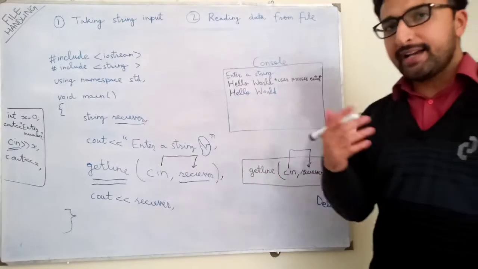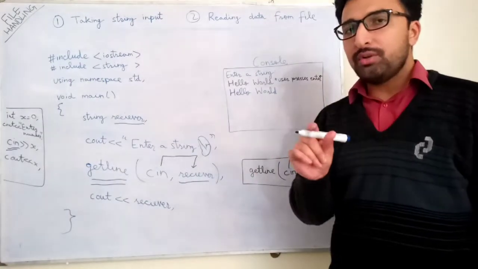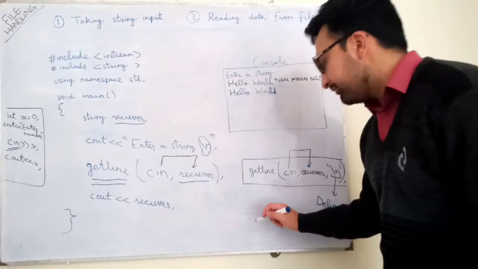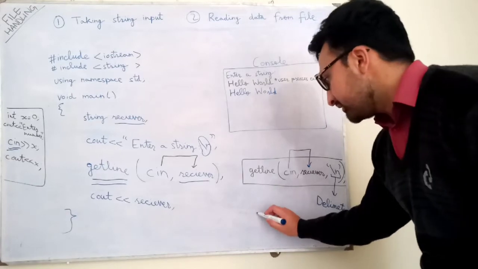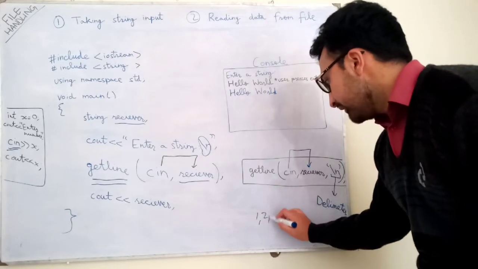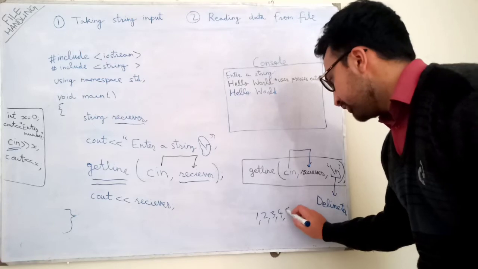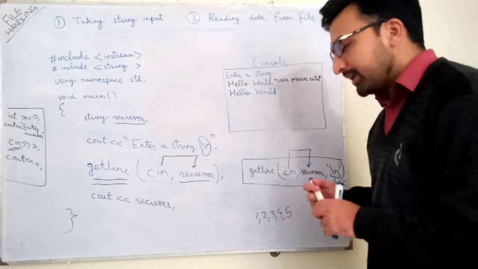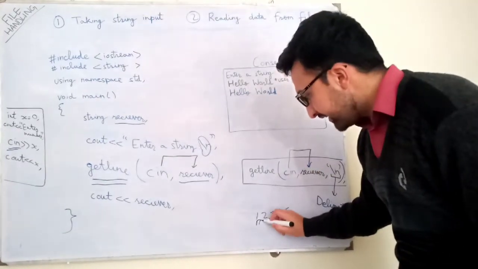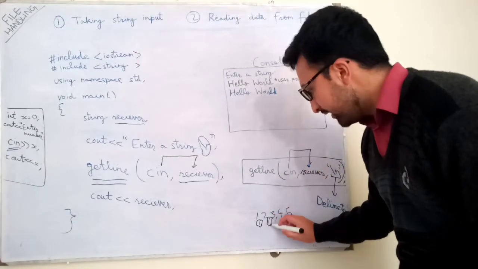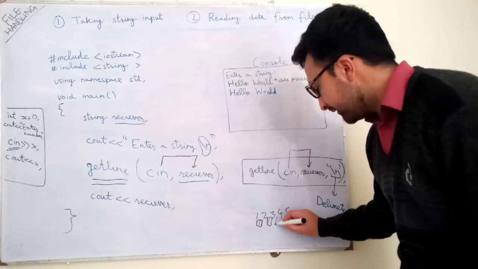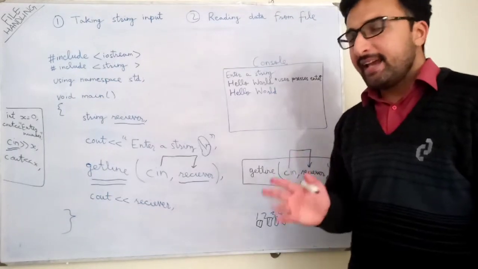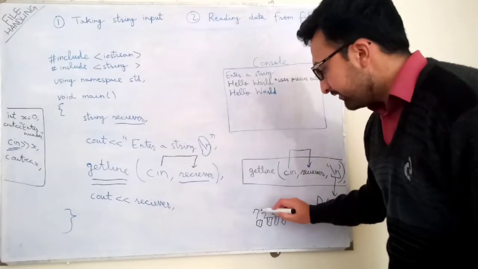Now, what is a delimiter and why have we not used it here? Delimiter is basically a character that separates one unit of data from another unit of data. For example, if I have certain numbers 1, 2, 3, 4, 5, and these numbers are separated from each other through a character that is comma. These all are commas. So a delimiter is a character that separates one unit of data from the other.